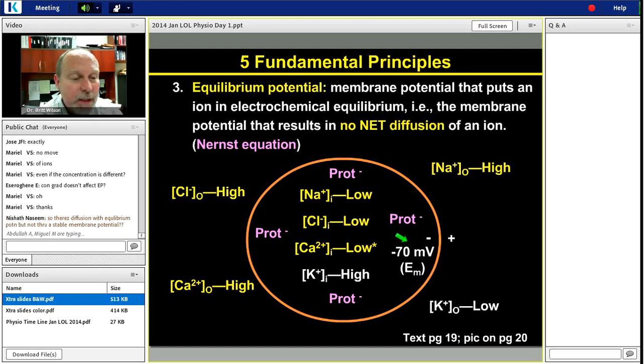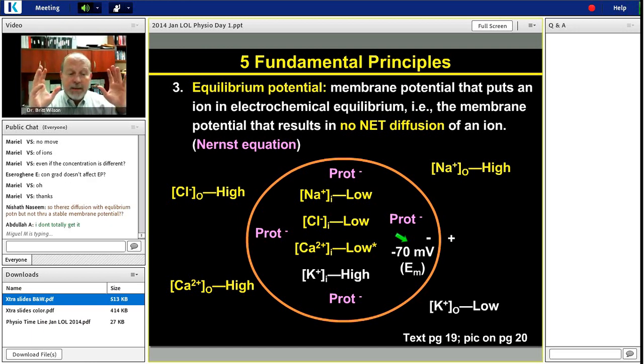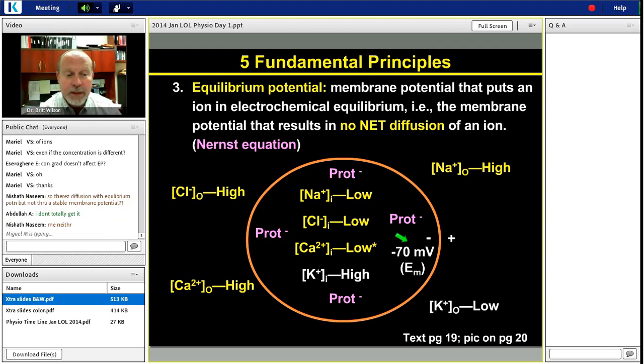Now, again, if it's a little fuzzy, that's okay. We'll do many examples. But just for right now, appreciate each ion has its own equilibrium potential.